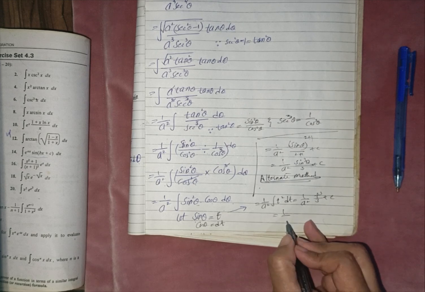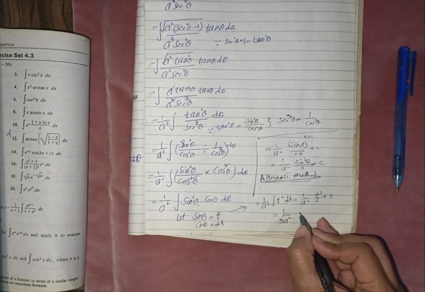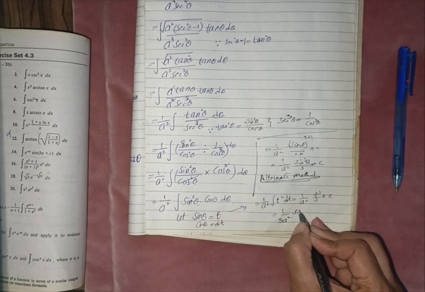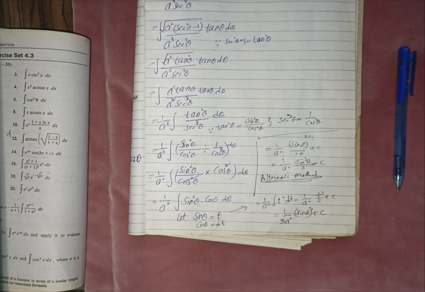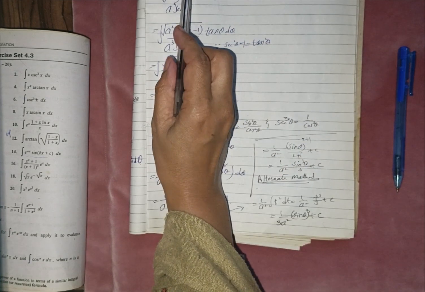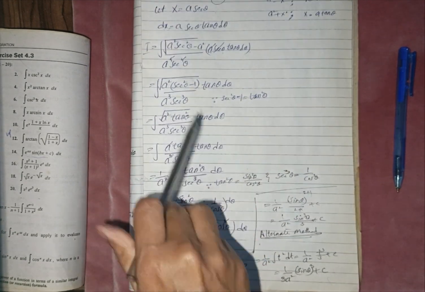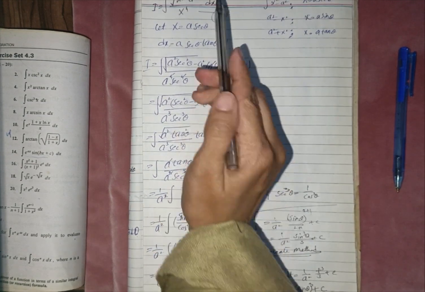Now back substitute: 1 upon 3a square, the value of t is sine theta, raised to the power 3, plus c. Here are two different substitutions used in this question. Now put the value of sine theta from this substitution. Here x is equal to a.